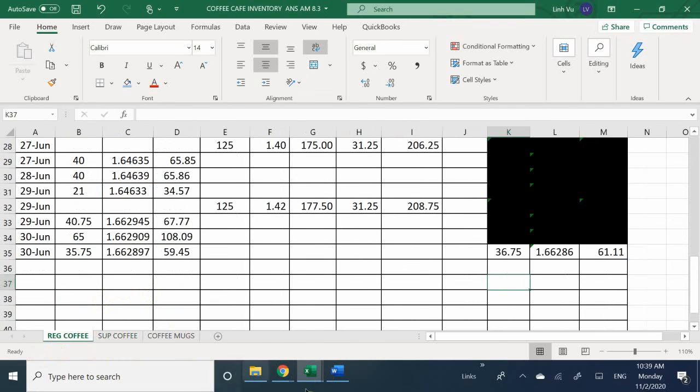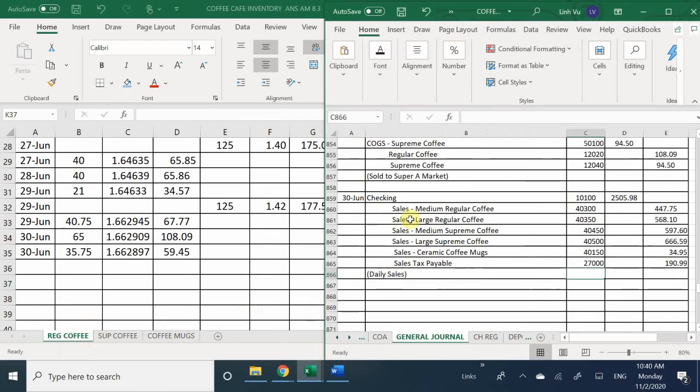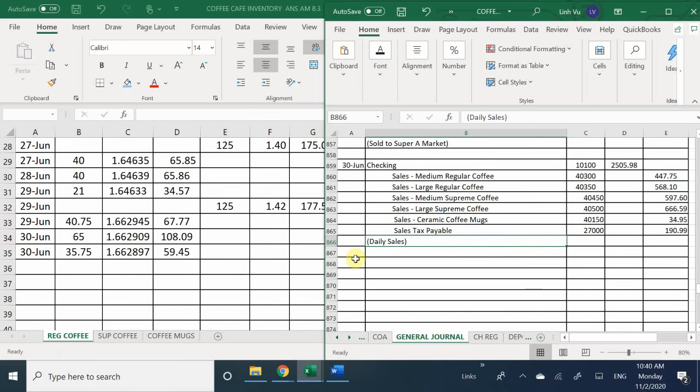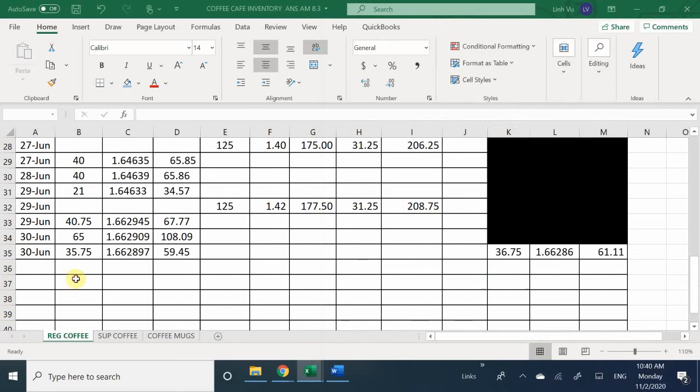All right, so how do I journalize this, Talia? Why did I come to my inventory worksheet?